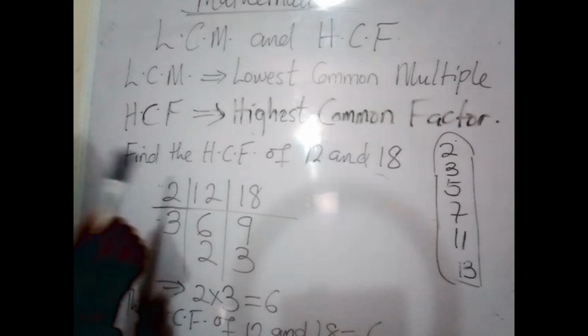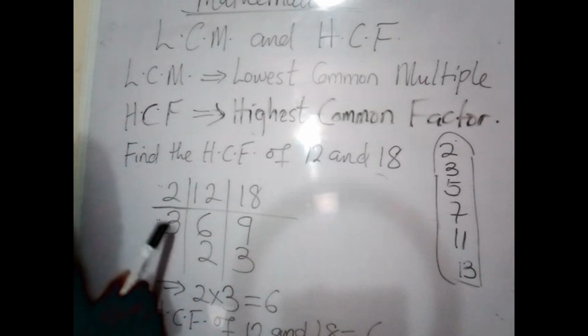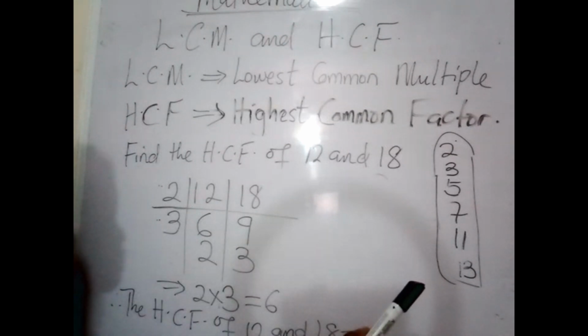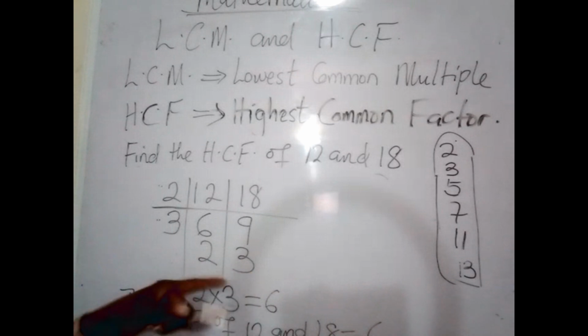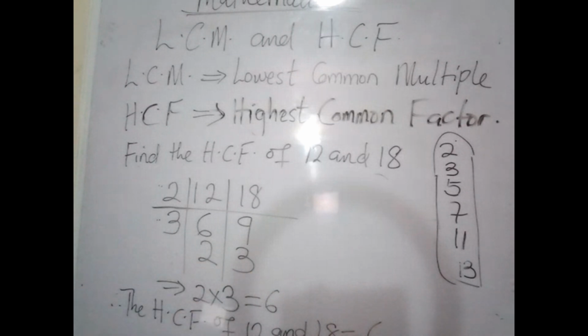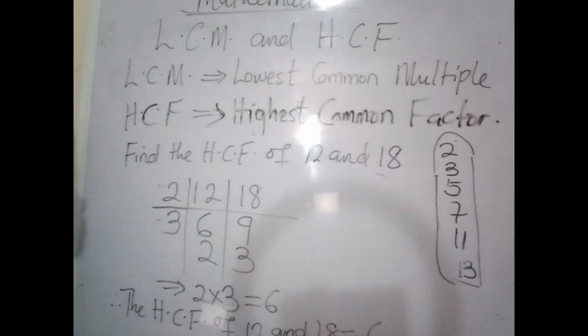As long as you have a prime factor that can divide those numbers, you go ahead. But once you run out of numbers that can divide all of them without a remainder, you have to stop. So you can see that here now we still have 2 and 3 as numbers, but we have stopped. Why? Because there is no prime factor that can divide 2 and also divide 3 without a remainder.